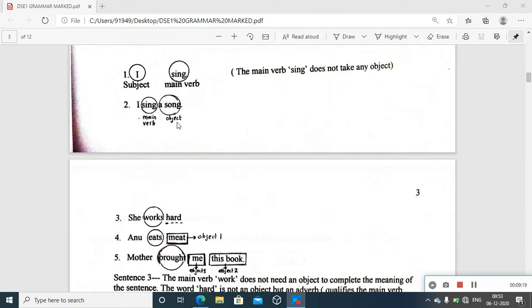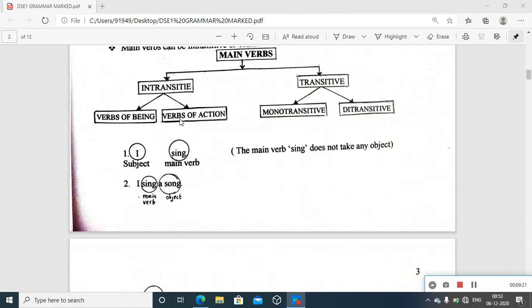And that is how we are going back to our major categorization. Main verb, the first type is intransitive, without any object for the main verb. I sing. But what about transitive? In the second sentence example, the same main verb becomes a transitive verb with just one object.